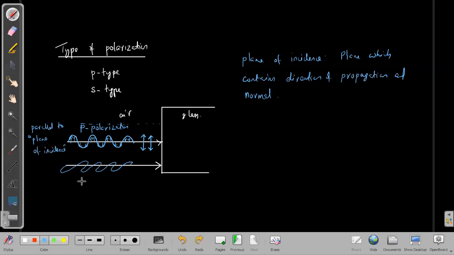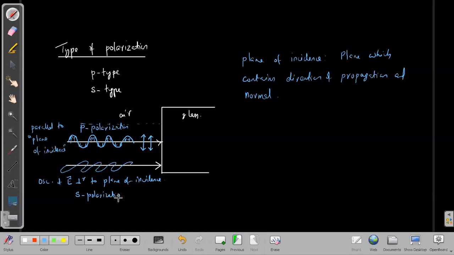And the second type, here the oscillation of electric field is perpendicular to the plane of incidence, and the name given for such polarization is S polarization. And why S, not P?